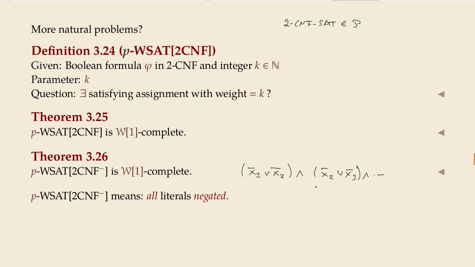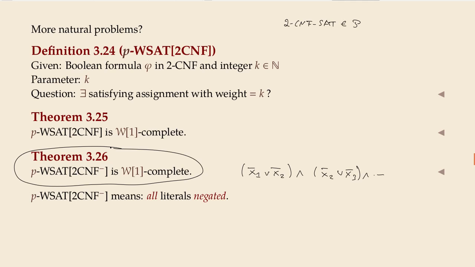As I said, we'll skip any proofs why these are W1 complete. But with this as a starting problem, you should remember this one, because that will play the role of the mother of all W1 complete problems.